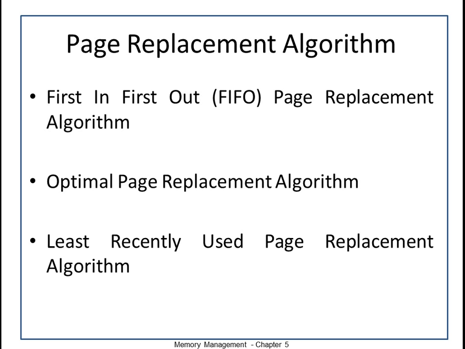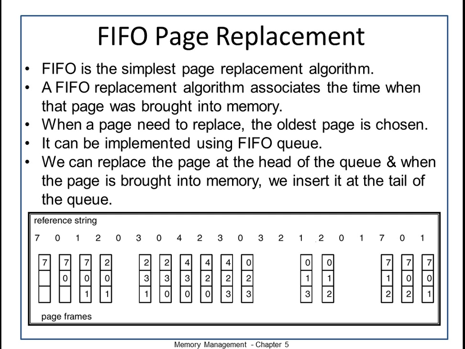There are 3 page replacement algorithms: first in, first out, optimal page replacement, and least recently used page replacement algorithm. We will see first the first in, first out page replacement algorithm. In short, it is also called FIFO.